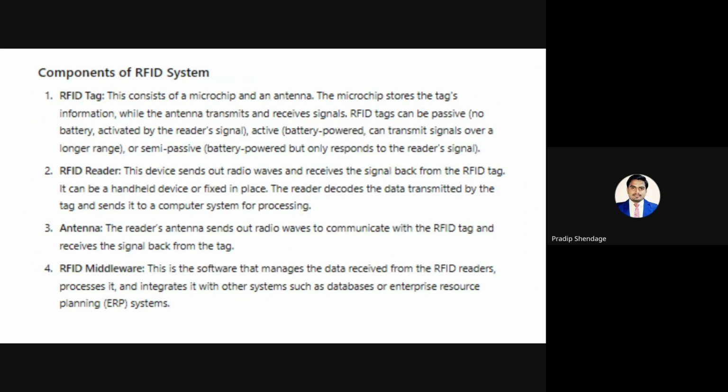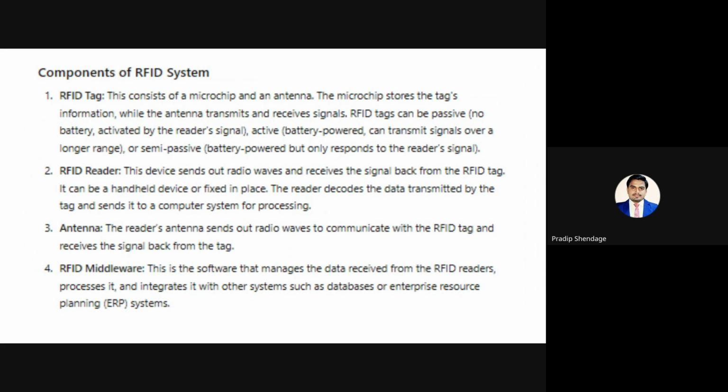The next component is the RFID reader, which helps us send out the waves and receive the signal back from the RFID tag. The reader decodes the data transmitted by the tags and sends it to the computer system for further processing.